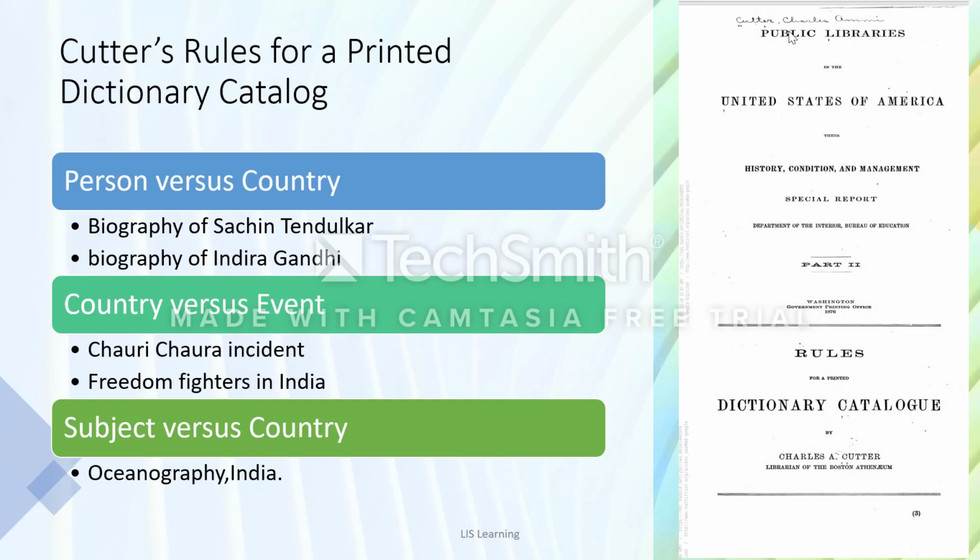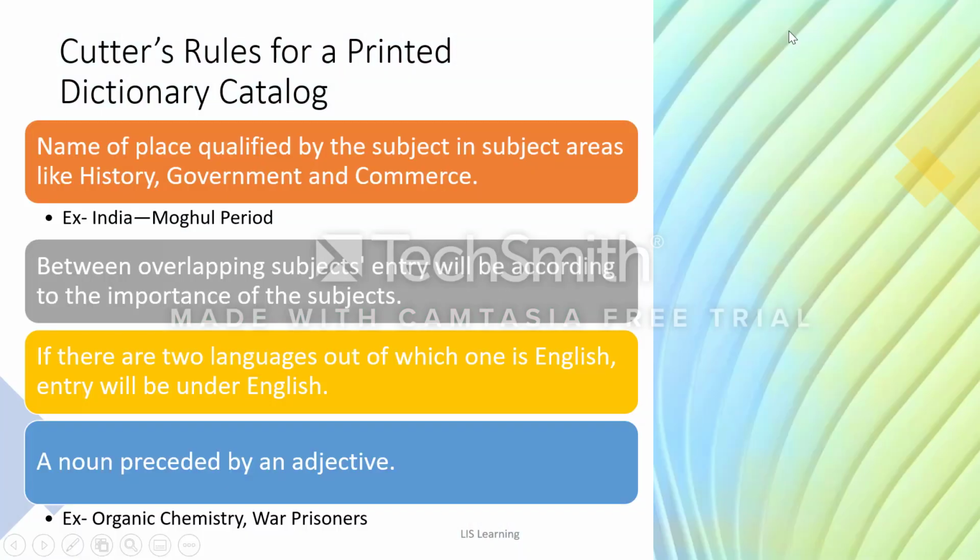In the case of subject versus country, if the subject is a scientific subject, it should be qualified with the country name, like oceanography, and if it is talking about a particular place, it comes under the entry of the country. One of the rules is that the name of the place is qualified by the subject in subject areas like history, government, and commerce. If the subject is related to history, government, or commerce, it comes under the heading of the country, like India, then Mughal period.